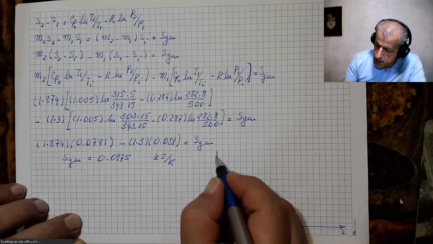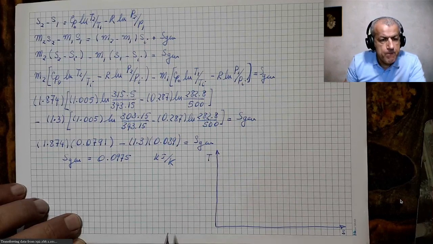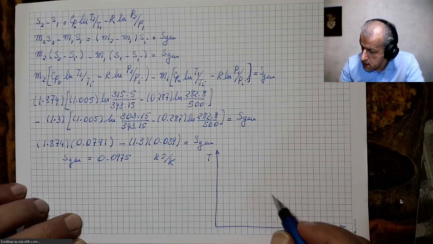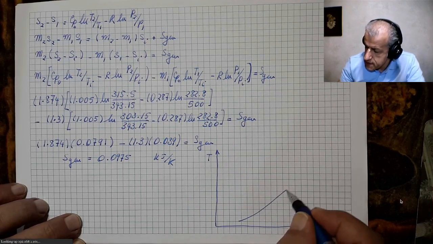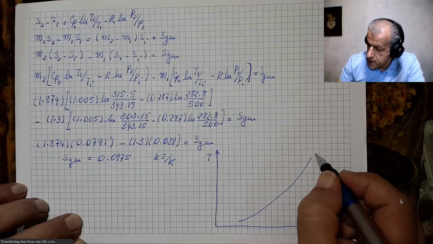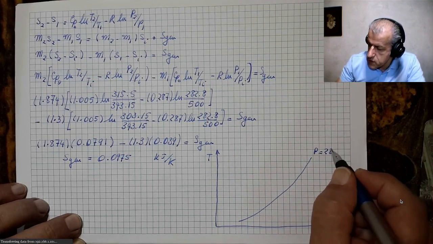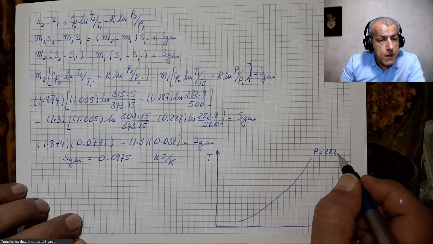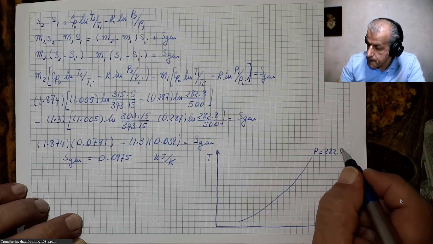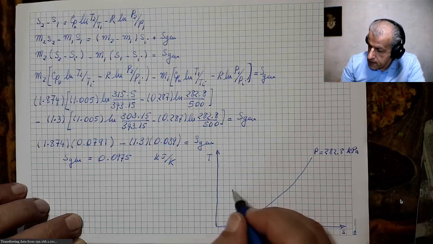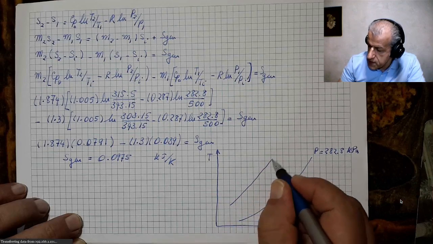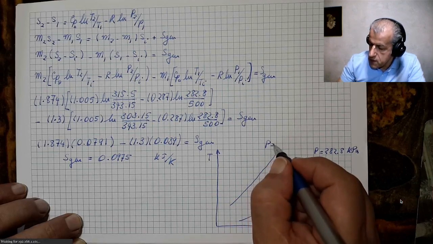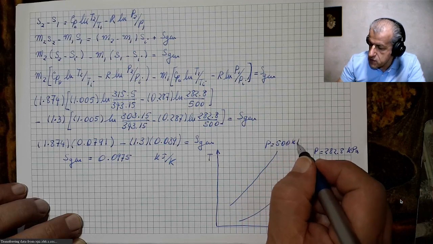This is our TS diagram, and there are two constant pressure lines of interest to us. One is the line for the pressure P equals 282.8 kilopascals, and another line is for pressure P equals 500 kilopascals.